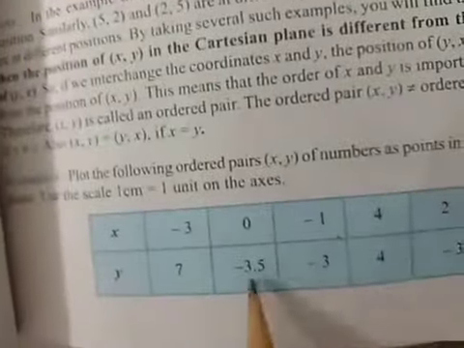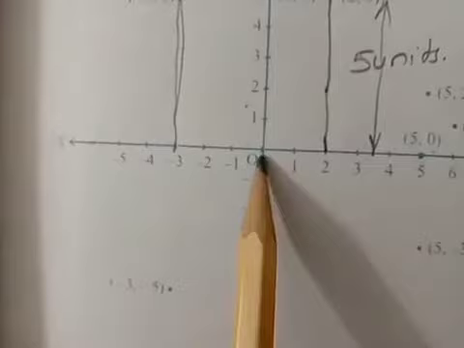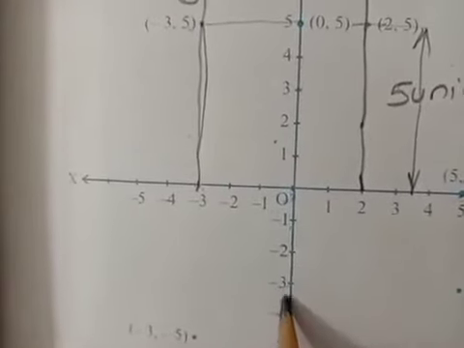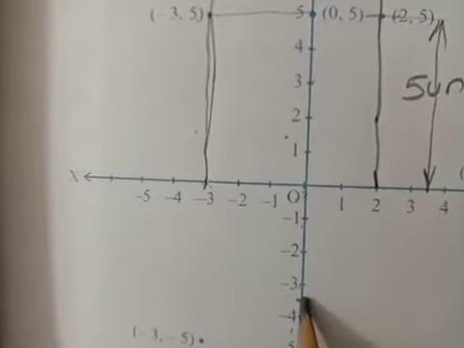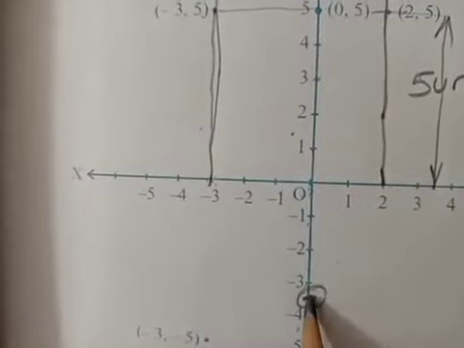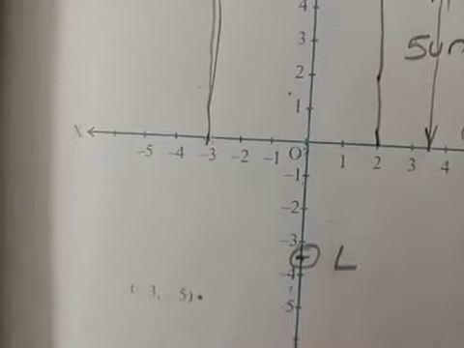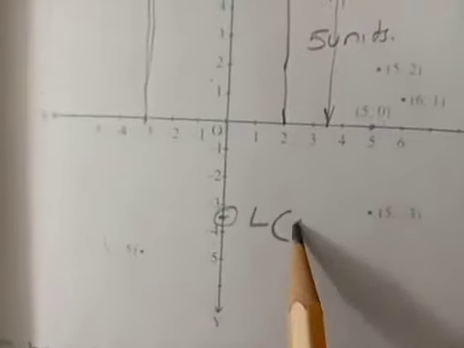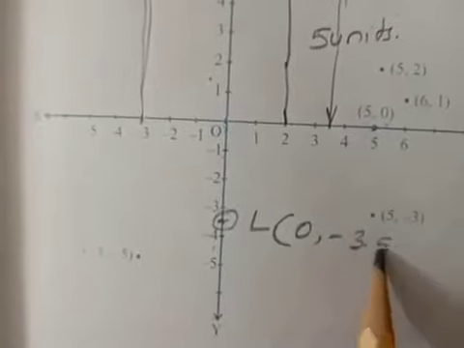And this is minus 3.5. How will you plot it? 1 unit, minus 1, minus 2, minus 2.5, minus 3, minus 3.5. So this is minus 3.5. You can call this point L, and you have to name the coordinates as 0, minus 3.5.